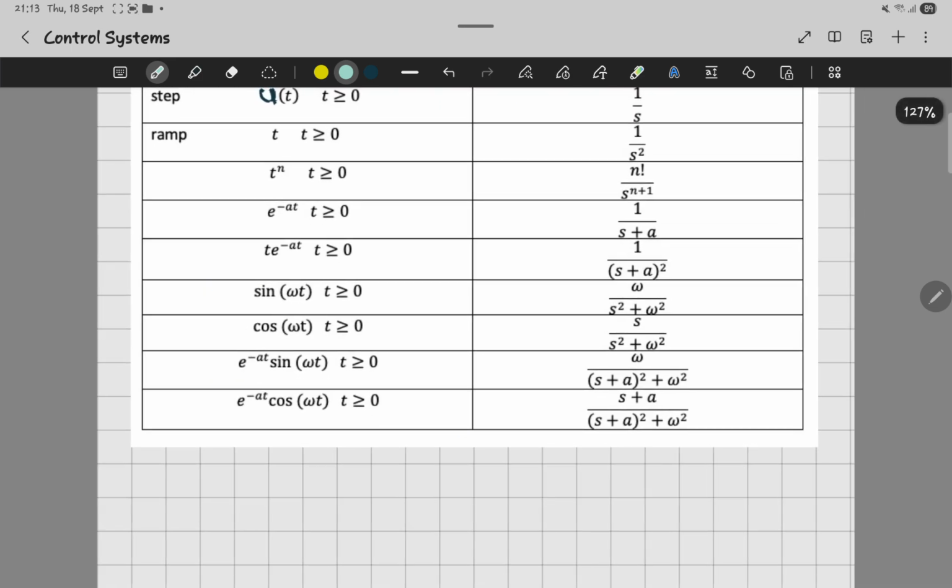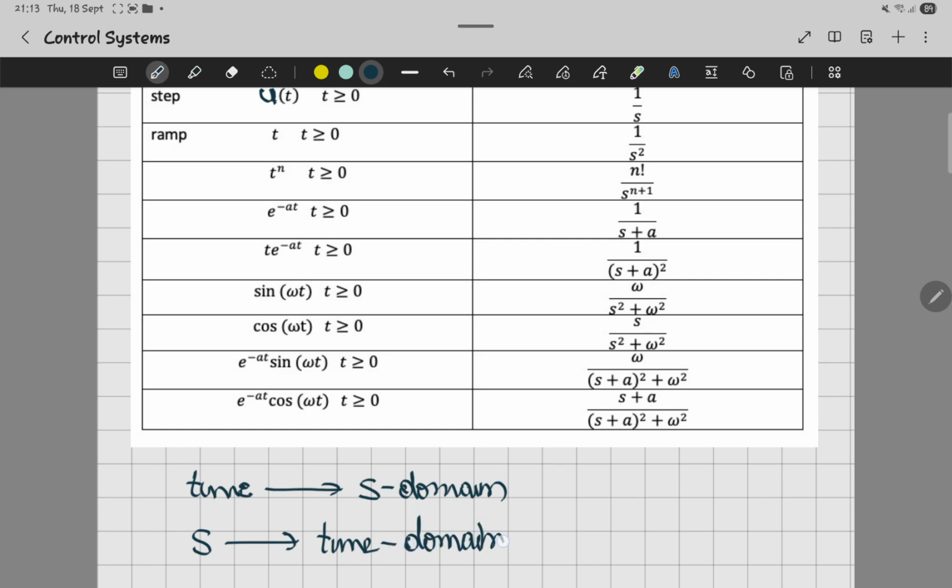So you should know that when we move from time to S domain, this process we call the Laplace transform.